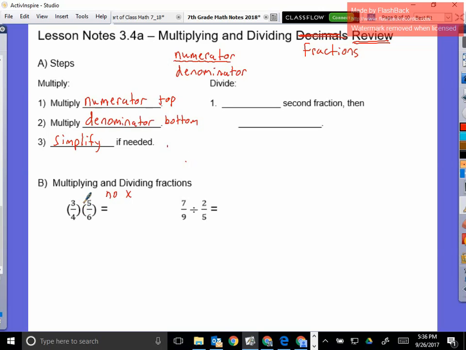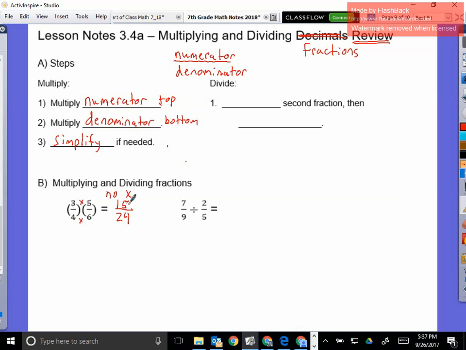Let's multiply this out. Step number 1, multiply your numerators, 3 and 5, and multiply your denominators, 4 and 6. That's going to get us 15 over 24. Now step number 3, we have to find out if we can simplify, and we can.